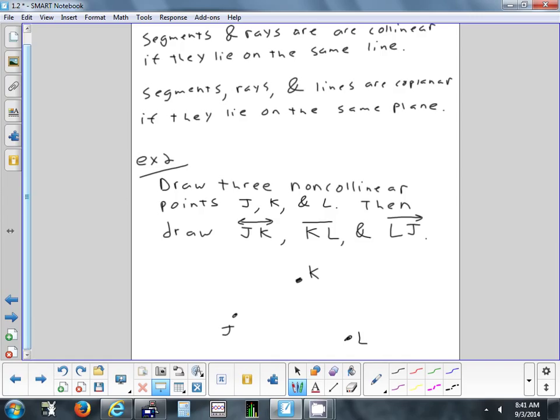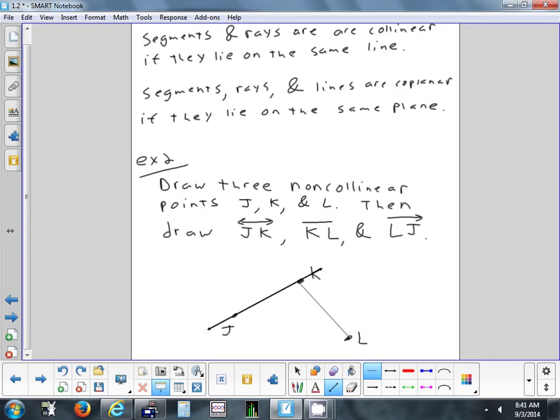Right, and now we just draw the 3 things in. Okay, line JK. Okay, to draw a line, make sure you've got that arrowhead going on each direction. Okay, and put that over there. Okay, so there's line JK. Okay, segment KL. Okay, on that one, you don't want to put your arrowheads on it.